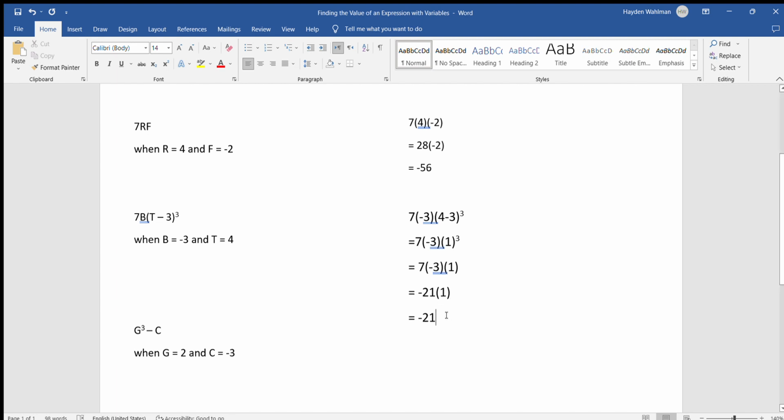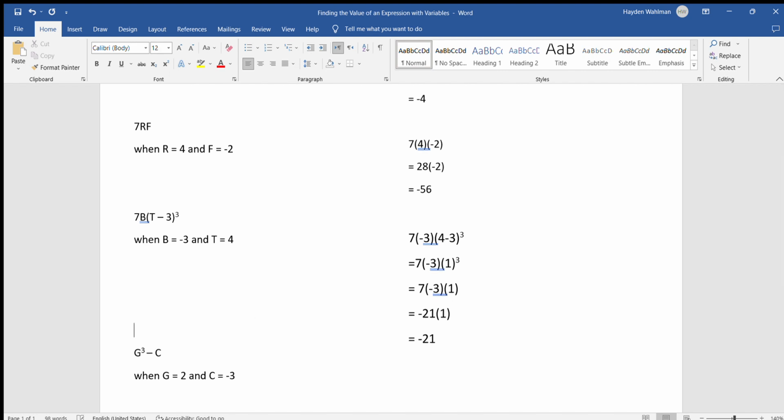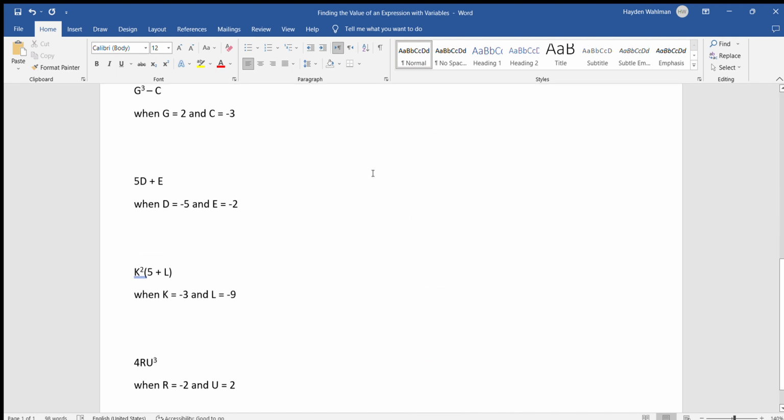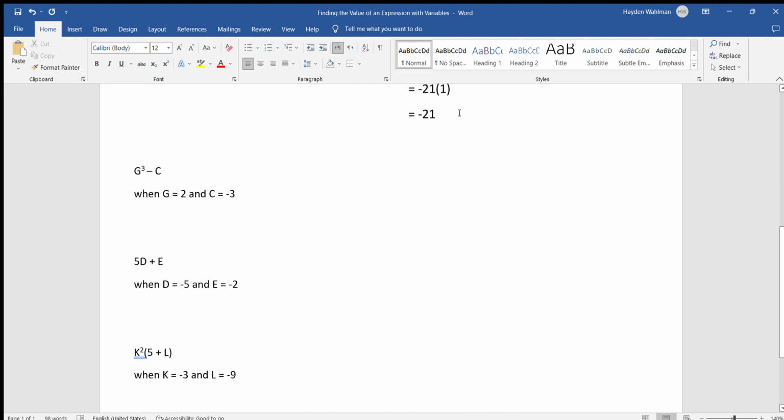Next one, g cubed minus c. Well, g is the same as 2, and c is the same as negative 3. So what do we do first?